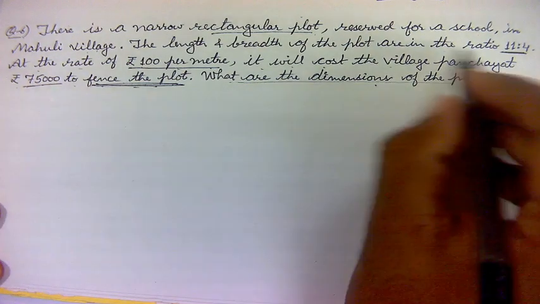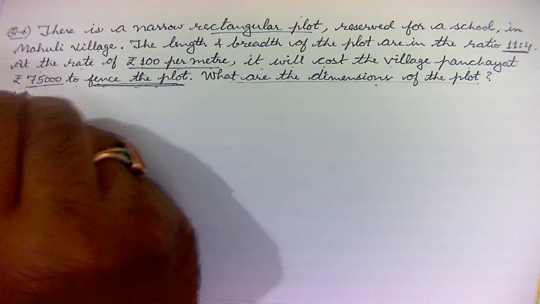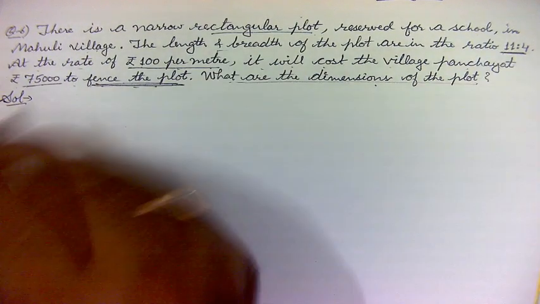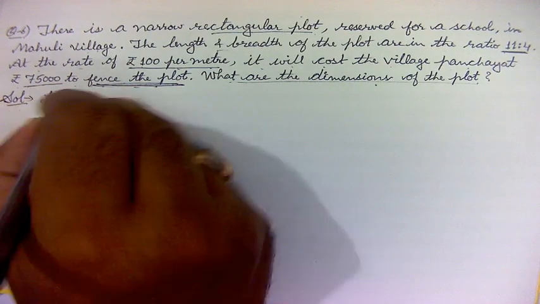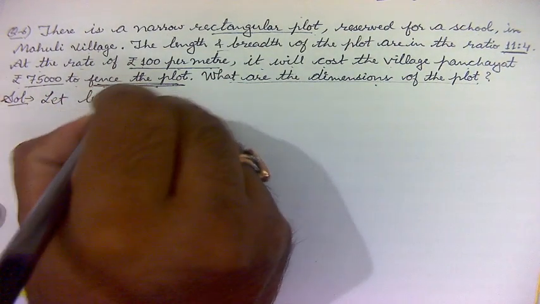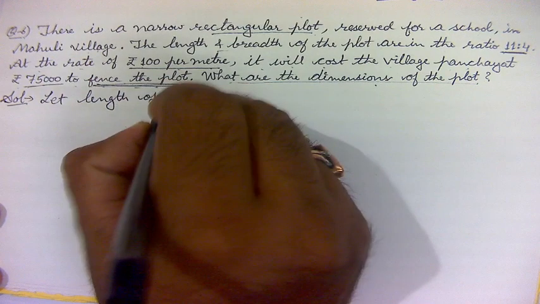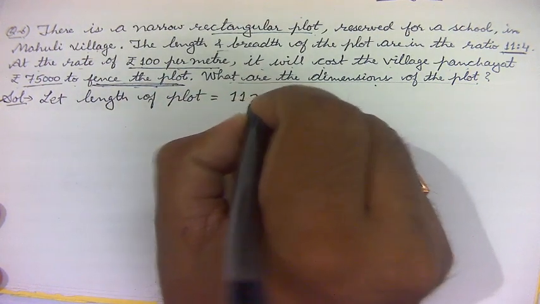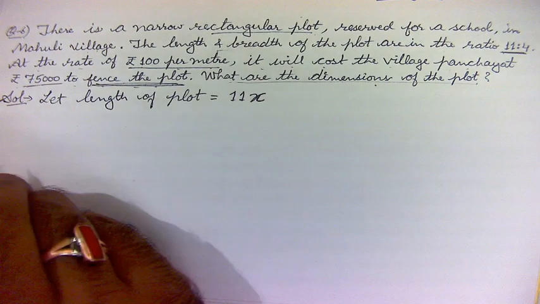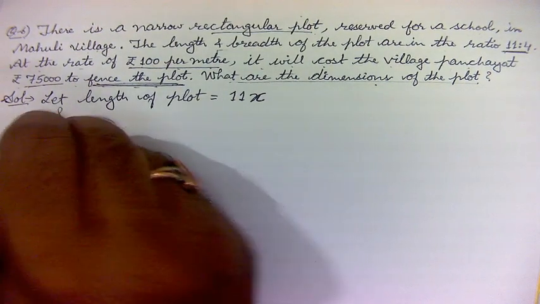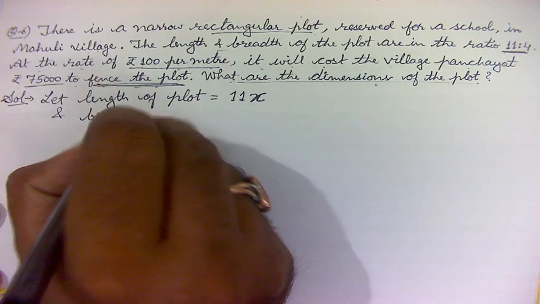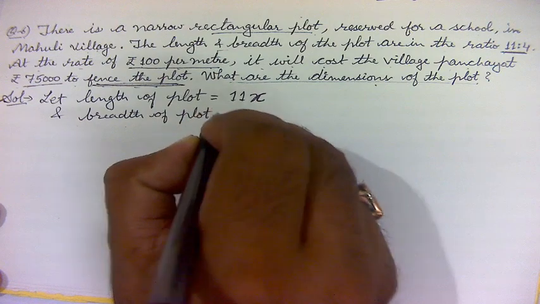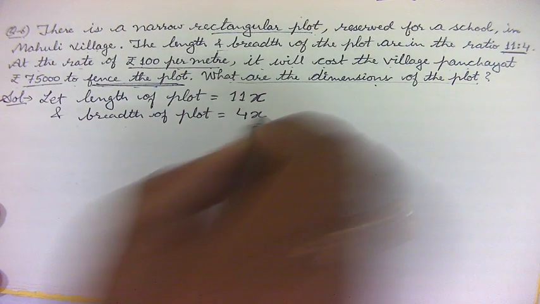So what is given to us? We are given that the length and breadth are in the ratio 11:4. So we will consider, let length of plot equal 11x, we'll take it as 11x, and breadth of plot equal 4x.